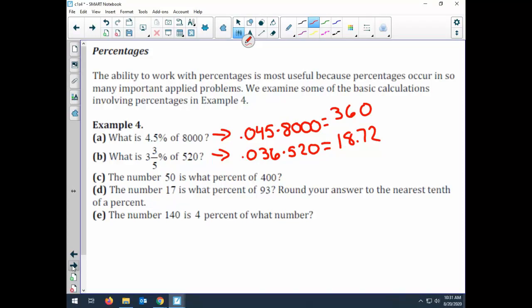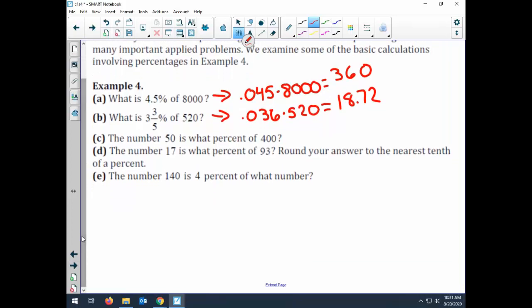Alright, so now I'm going to squeeze the rest of them on the bottom here. The number 50 is what percent of 400? So now we're going to do the same thing here, but we're solving for a different variable. So we have to do 50 equals x over 100 times 400.